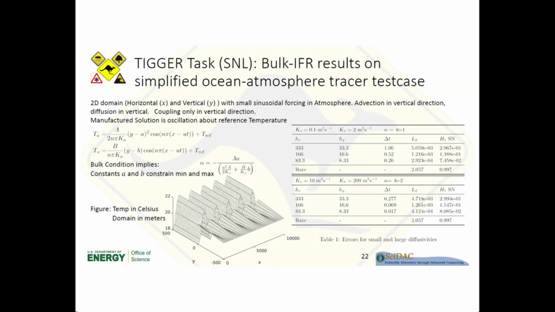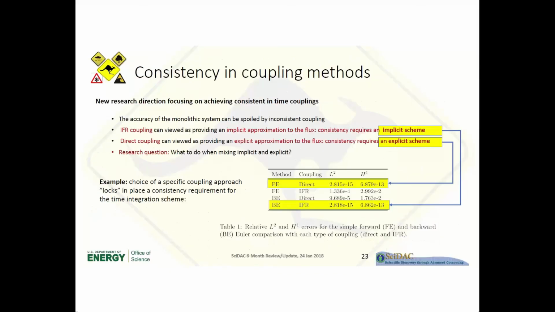So this is just an example of, again, analytic fields testing these coupling schemes across that boundary and showing order of operation. And then we can also see effects like, for example, when you're using explicit or mixing explicit and implicit methods. If you don't use consistent methods, then the error rate goes up dramatically.